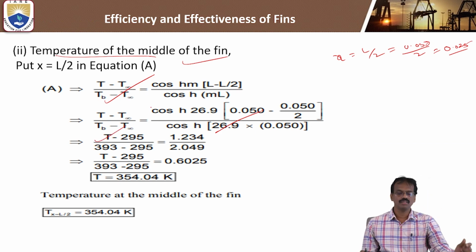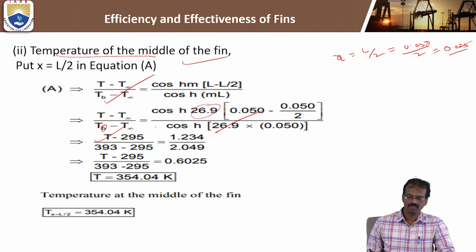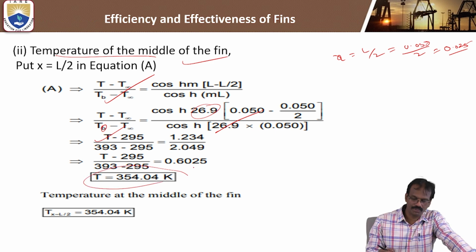T infinity, T naught, you know that, and cosh, the m value is also 26.9, already found. By using m is equal to under root hP by kA, you know all the values. Then if you substitute all the values in this formula, we will get the temperature.